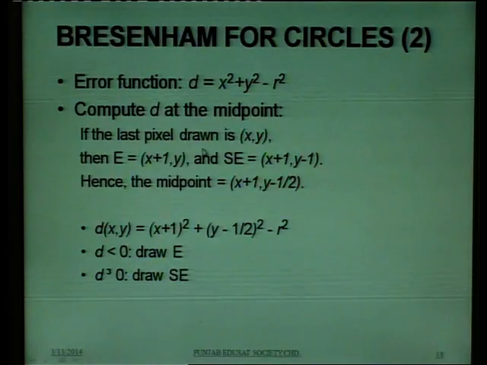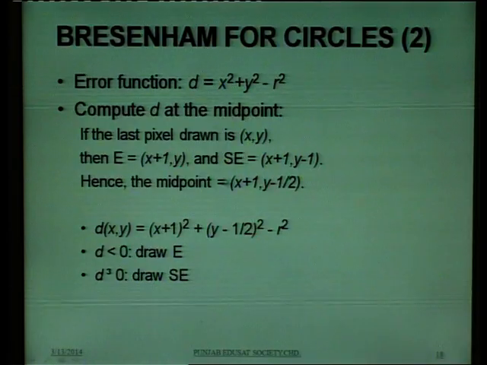If the last pixel is x and y, then E will be x plus 1 and y, and SE will be x plus 1, y minus 1. The value of x will be above the x coordinates and the value of y will be below the y coordinates on the y axis when the SE pixel is chosen.